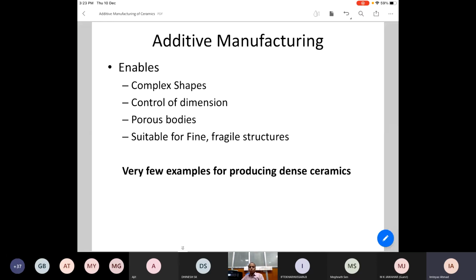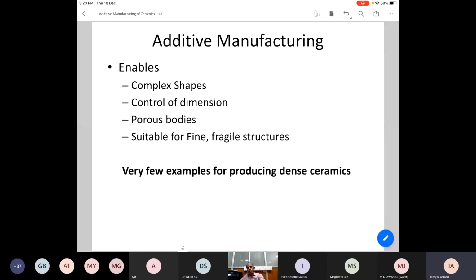They sometimes have very complex geometries, and additive manufacturing enables that without the need for machining. The machinability of ceramic materials is very poor. Although there are examples of machinable ceramics, generally they cannot be machined because they are very hard, and you cannot make a tool which can cut through a hard material without destroying it.